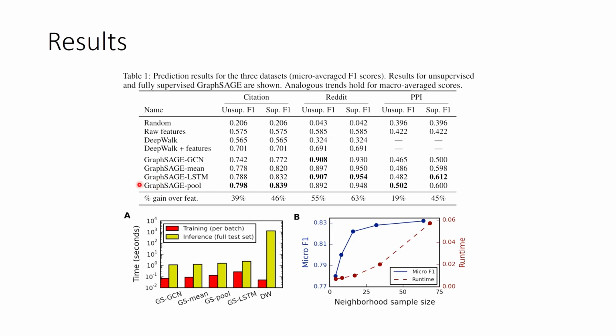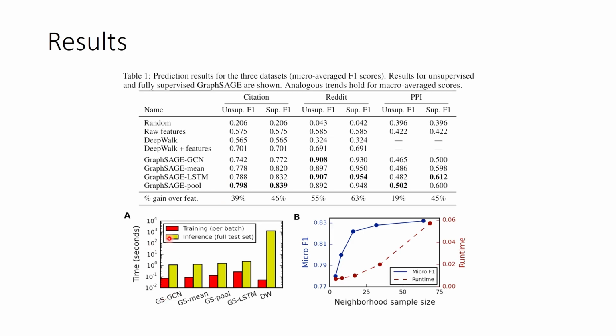Here we can clearly see GraphSAGE LSTM and GraphSAGE pool perform most of the tasks efficiently. GraphSAGE GCN performs better in the unsupervised version, but in the supervised version, GraphSAGE LSTM and GraphSAGE pool perform much better.